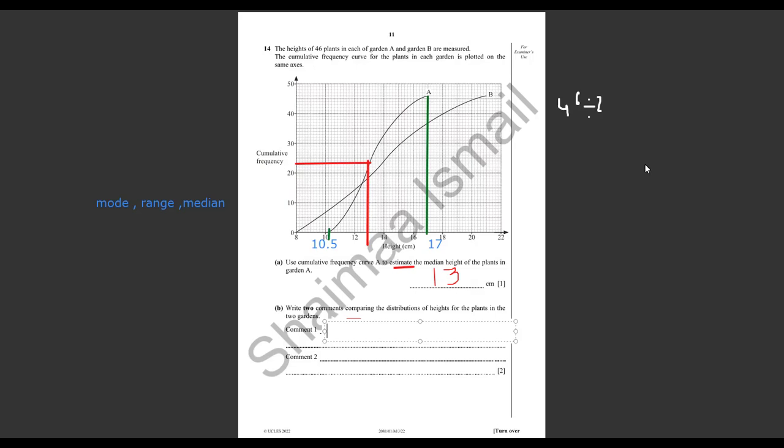How about the median in B? Let's measure the median in B here. I think it's 14. So the first comment: the median of B is greater or larger.